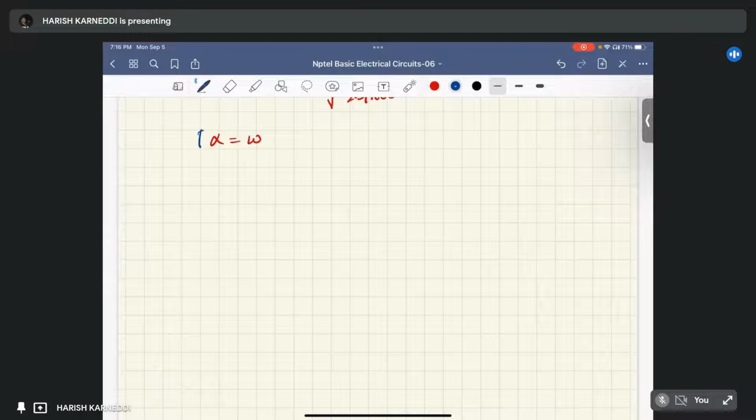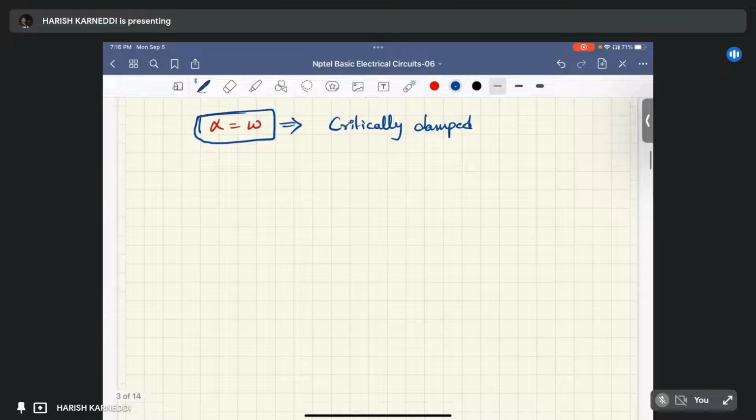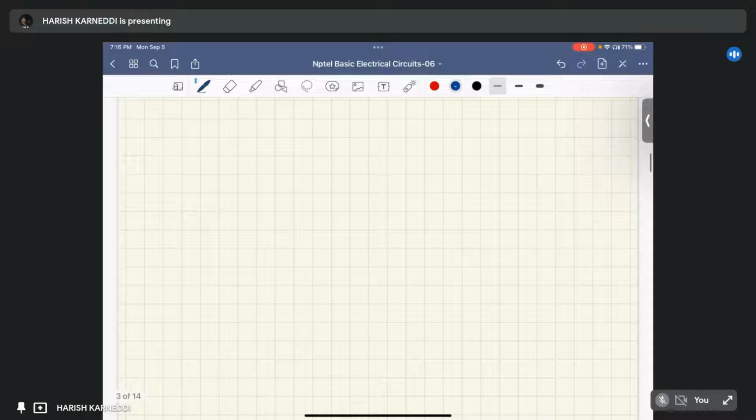If alpha equal to omega, then what is the system nature? The system is critically damped. If the system is critically damped, what is the response of the current?